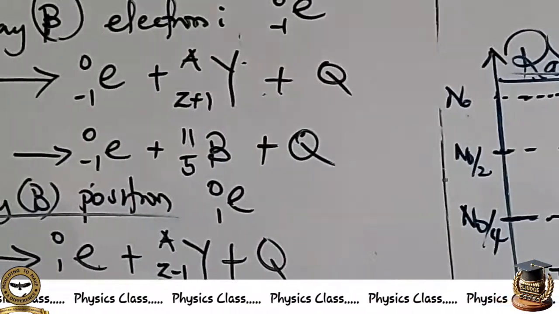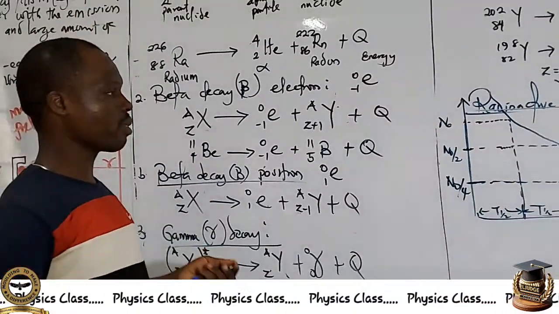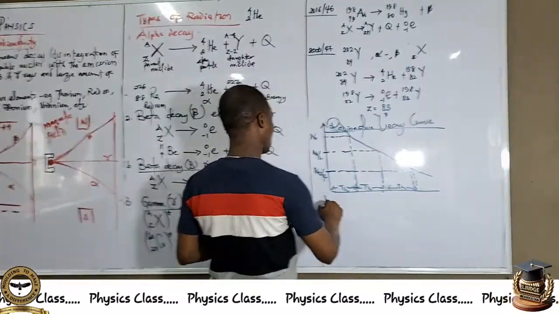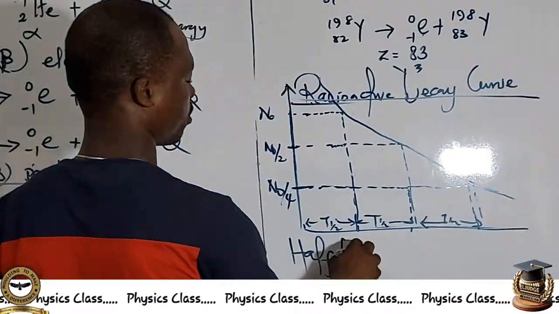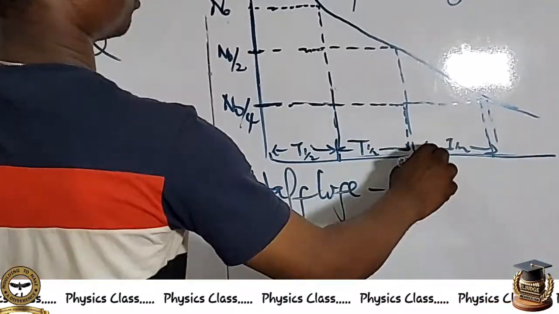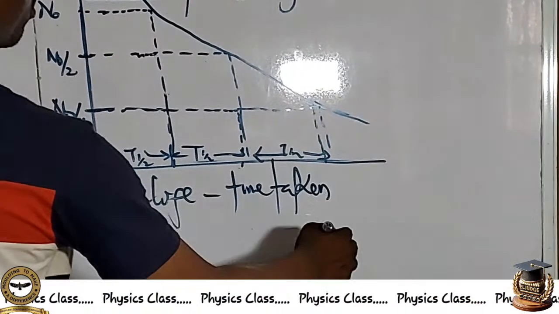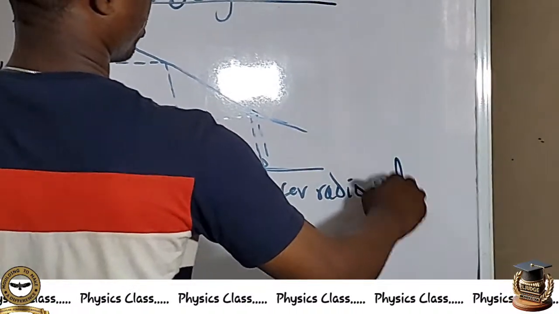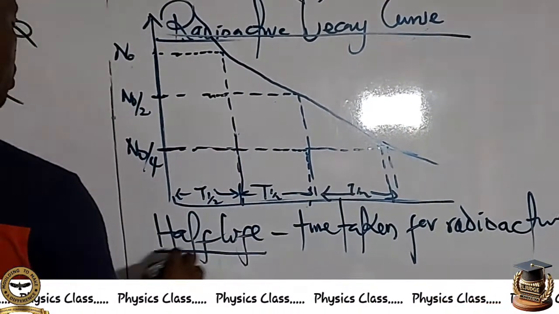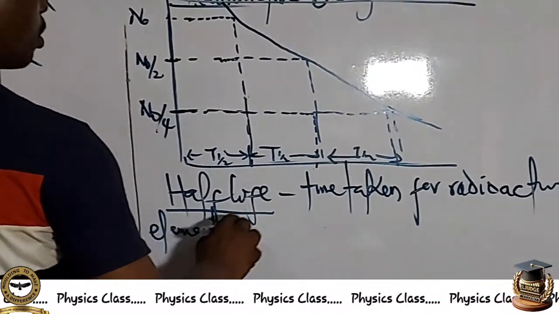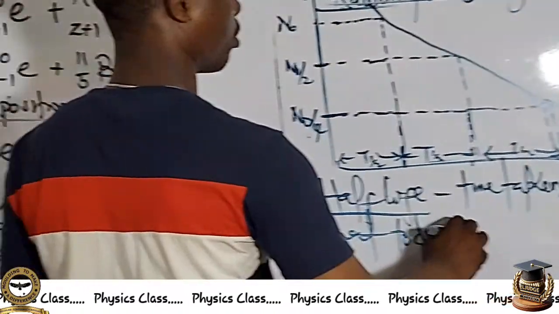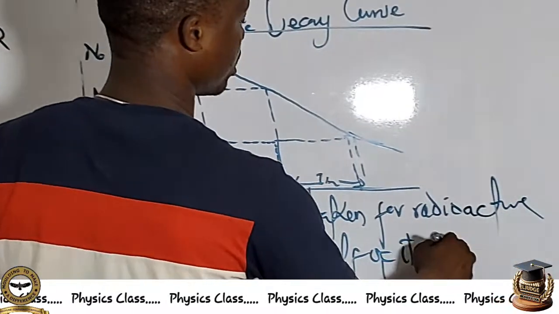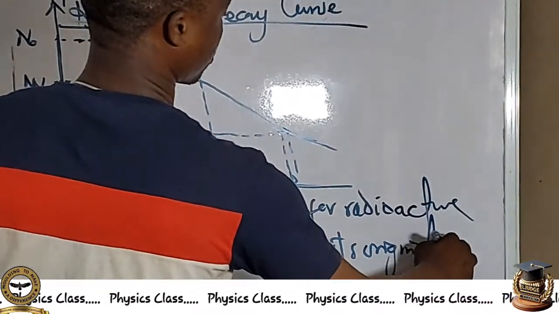Okay, so now we can define half-life from here. The half-life is the time taken for a radioactive element to decay to half of its original mass.